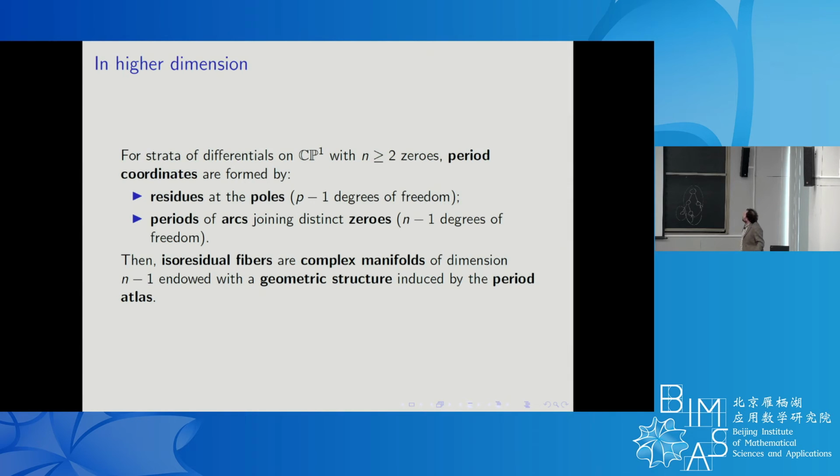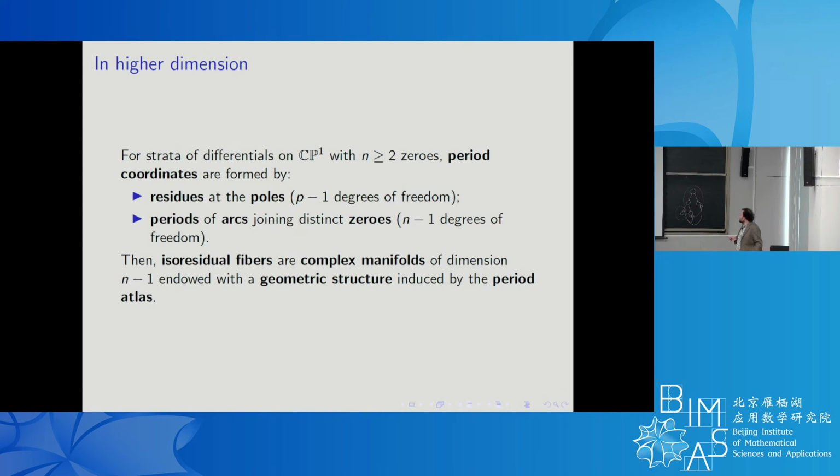Because you have p-1 degrees of freedom for the residues of the poles, and periods of arcs joining distinct zeros give you another n-1 degrees of freedom. Isoresidual fibers are complex manifolds of dimension n-1. And since the periods of arcs joining distinct zeros depend on the choice of the arc, they are defined up to addition of absolute periods.